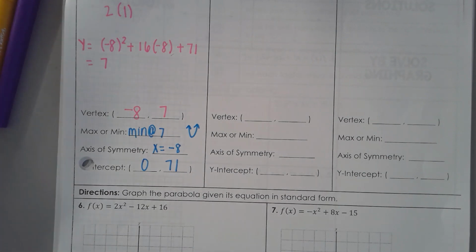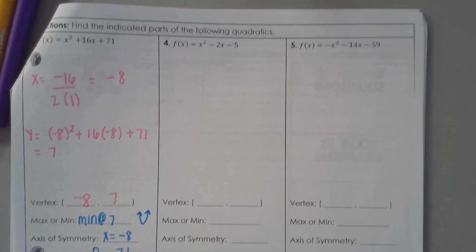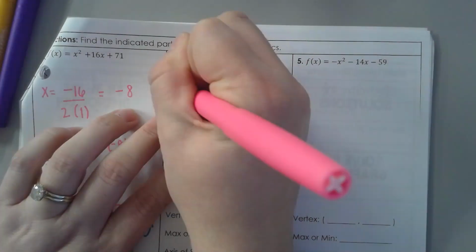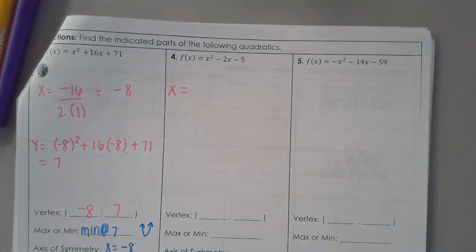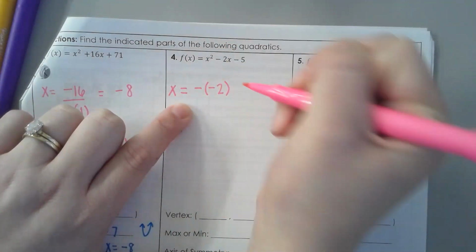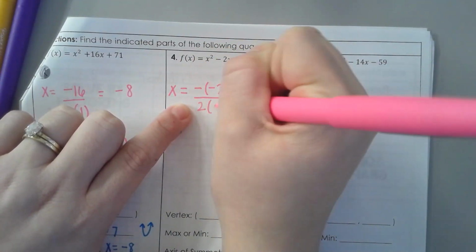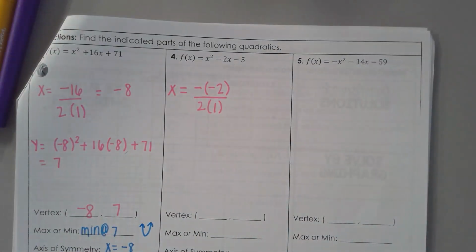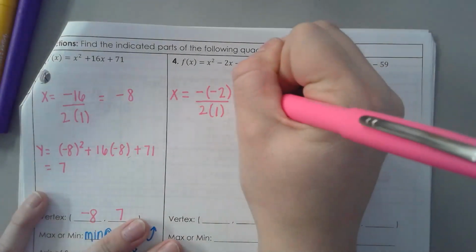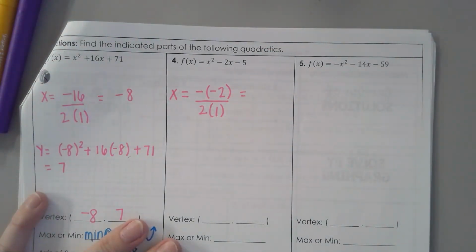Let's try number 4. So to find the vertex, we have to do negative b over 2a. So that's going to be negative negative 2 over 2 times 1. And I get what?